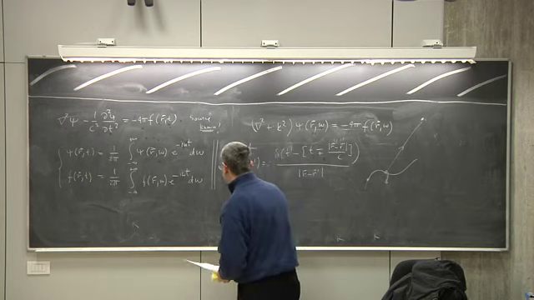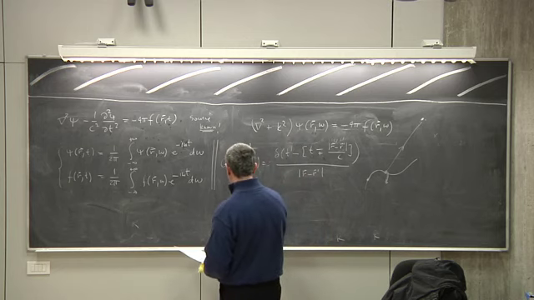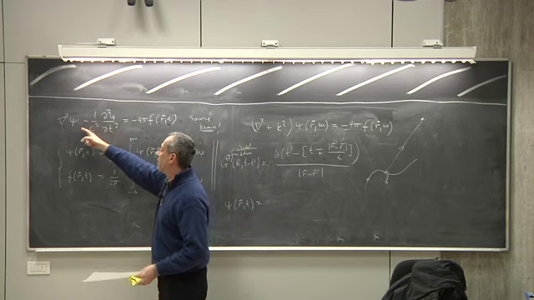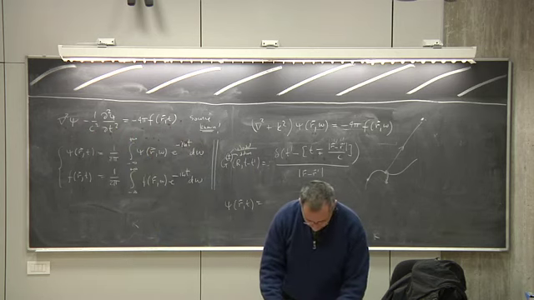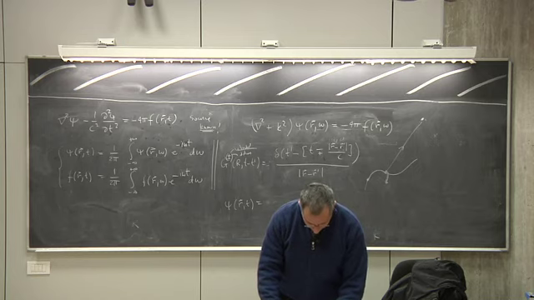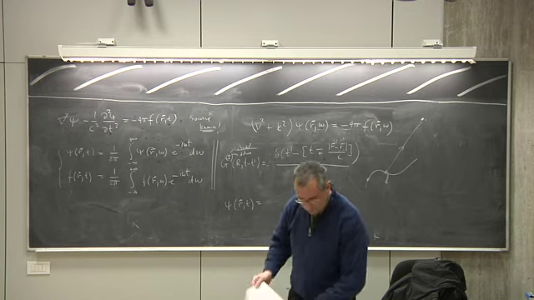So now I can write psi of r and t, that is the solution of this equation. I think this equation has a name. Is that the Kirchhoff equation? Well, look it up.